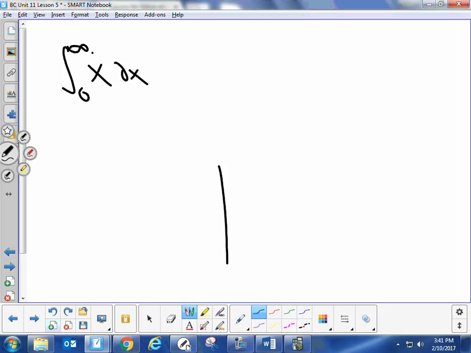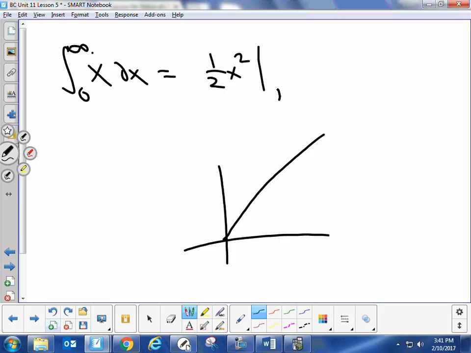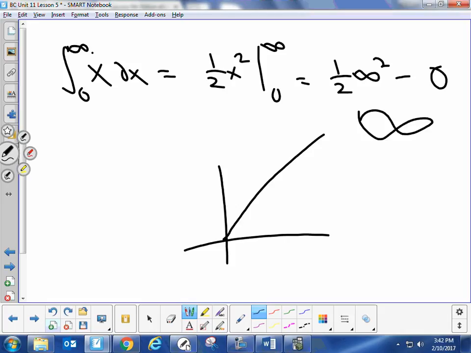If I talk about the area under x, that's definitely not going to add up to approach a number, right? Well, we can kind of see, and a bunch of these have been converging in a row, but if I have 1/2 x squared, and just for simplicity's sake, I will skip the limit part, I have 1/2 infinity squared minus 0. Well, that's definitely going to be approaching infinity. So a very, very simple and obvious example that this is going to be divergent.